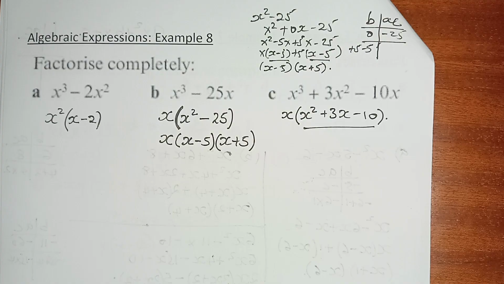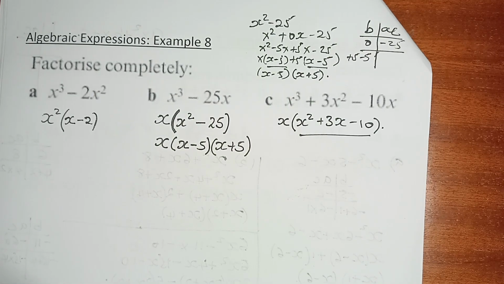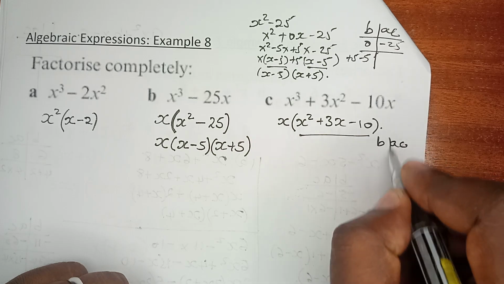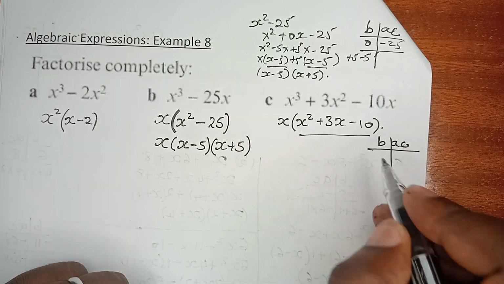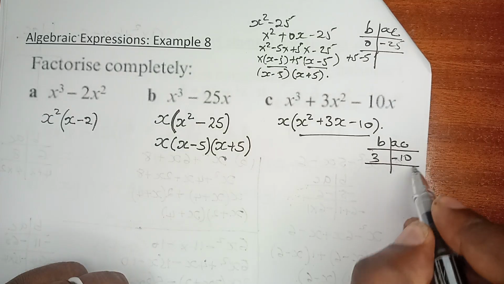And let's see how it goes. If we employ BAC approach, the B is 3 and the AC is minus 10.